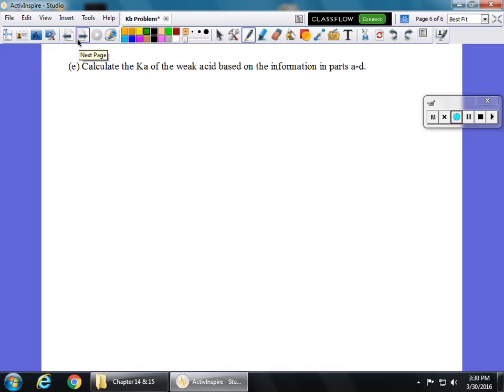Part E says calculate the Ka of the weak acid based on the information in parts A to D. So the relationship you have to know here is that the Kw is equal to the Ka times the Kb for any acid and conjugate base, or any base and its conjugate acid. So that's going to be 1 times 10 to the negative 14th as our Kw.